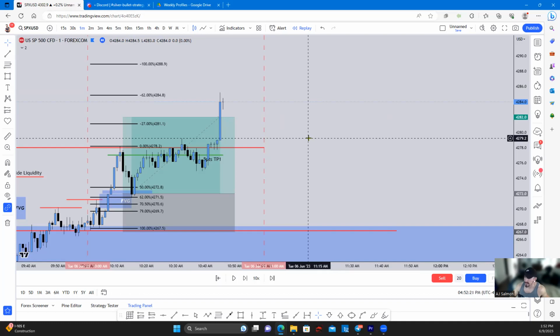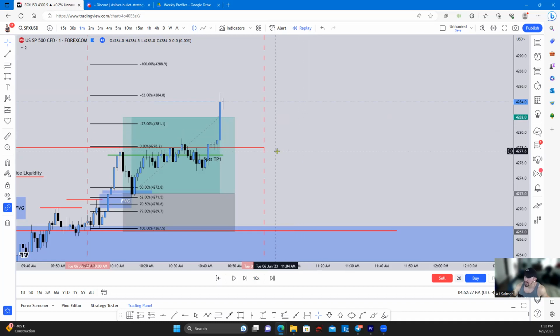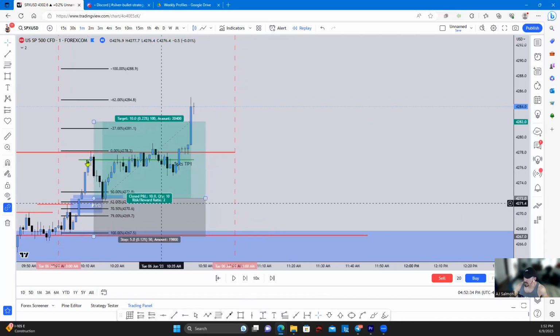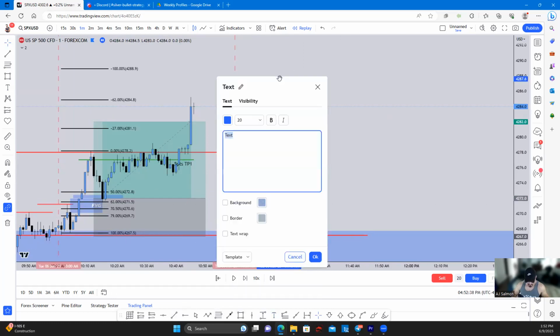So the S&P 500, NASDAQ 100, your US 30. And a lot of people have been saying it also works on gold. Okay. So the times that you'd be looking for the same exact criteria are going to be from 10 a.m. to 11 a.m.